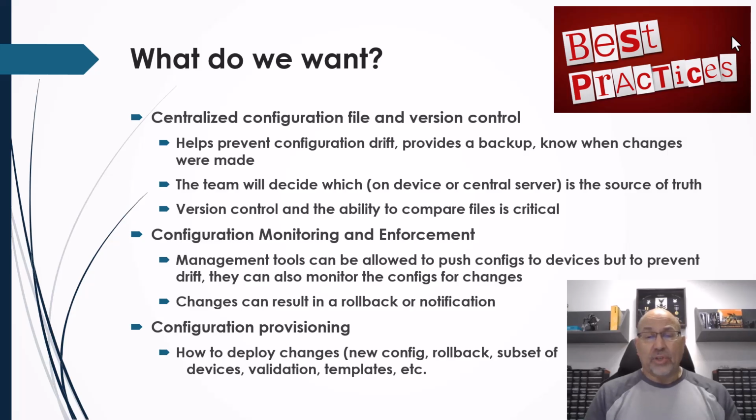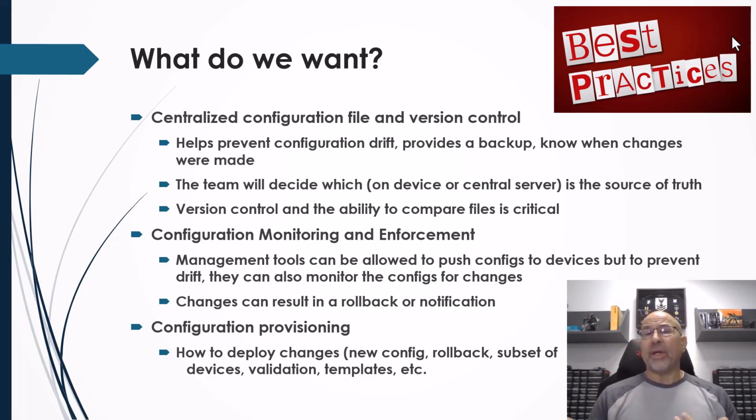So that version control and the ability to compare files to see what changed and why, that was really, really important. But the next idea is configuration monitoring and enforcement. So now you've got your configs all pushed out, and then there is a change. We want to be able to know, A, that we can push configs out, but also if there was a change, that it happened and who did it and when.